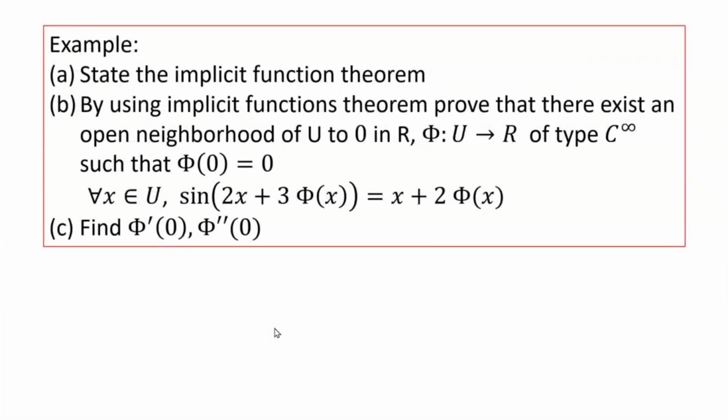So here is the problem. First, part A is to state the implicit function theorem, as given in the previous slide. Then we have a numerical problem: using the implicit function theorem, we have to prove that there exists a neighborhood U of 0 in R and phi from U to R of type C infinity such that phi(0) equals 0 and sin(2x + 3 phi(x)) is equal to x + 2 phi(x).